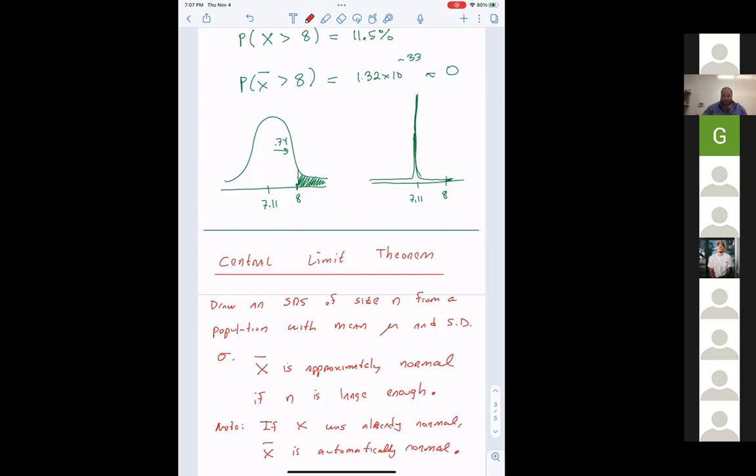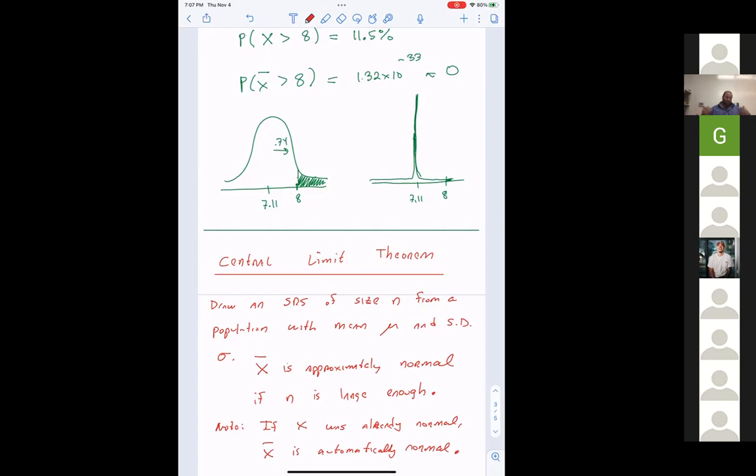And we saw that applet. It's been a few weeks, but you guys remember how large of a sample was necessary before even very strange looking distributions look normal? I think it was around 8, wasn't it? It didn't require a huge number, right? Even by 6, 7, 8, some of these things were looking normal already. So usually a good rule of thumb is to have it be 30 or more.